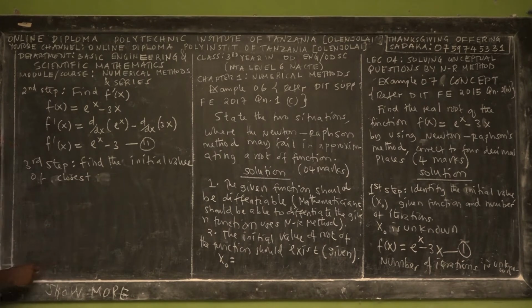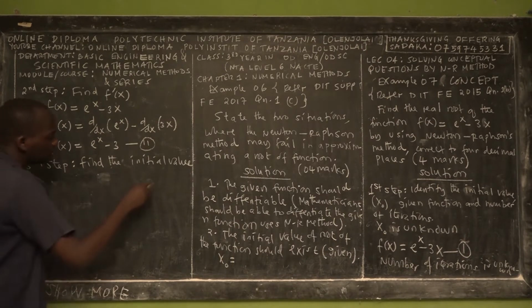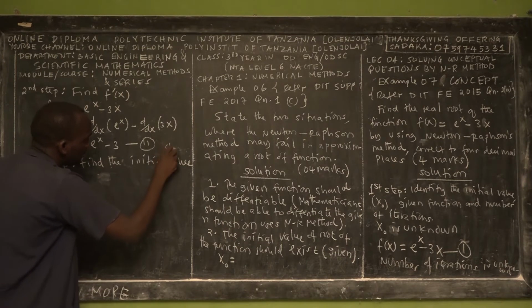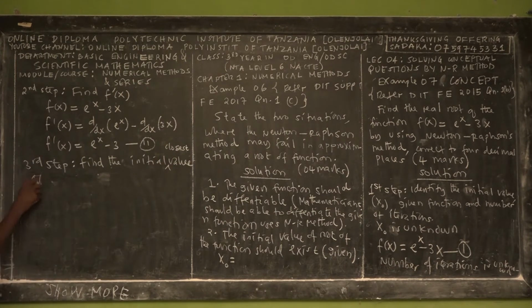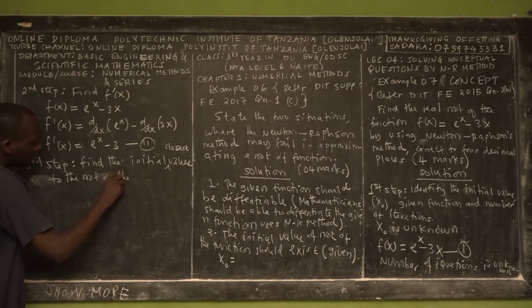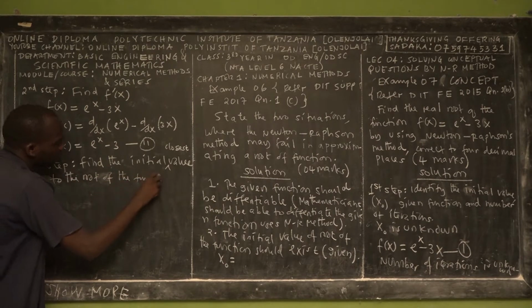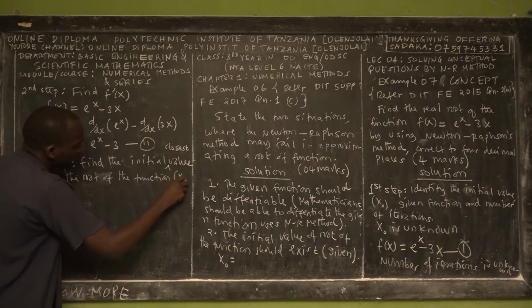Find the initial closest value to the root of the function. In simple language, you have to think how can you find x naught.